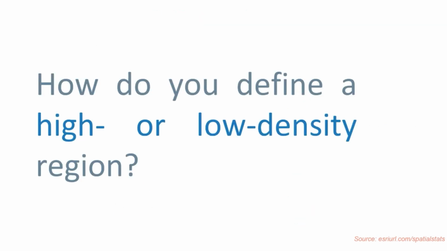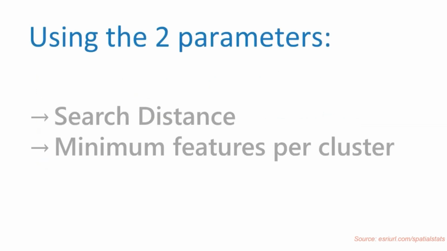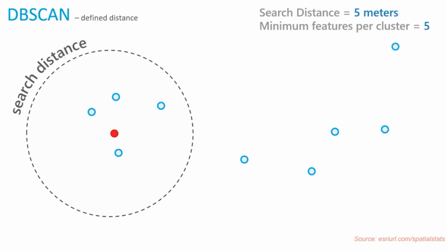So how do you define a high or low density region? For this, the algorithm uses two parameters. One is search distance and another is minimum features per cluster. So let us say that I want to identify a cluster. The cluster should have a minimum of 5 features and it should be within a distance of 5 meters.